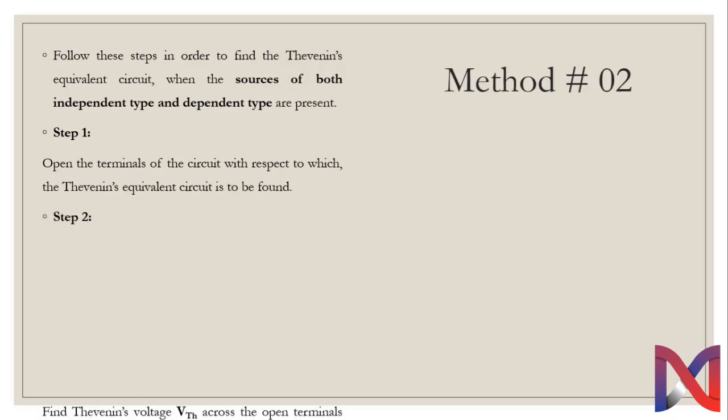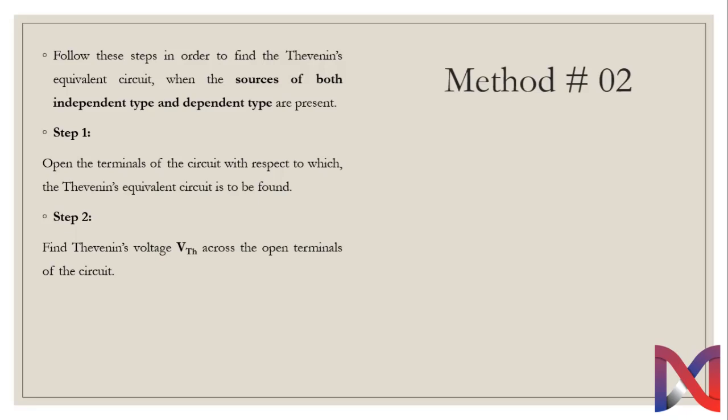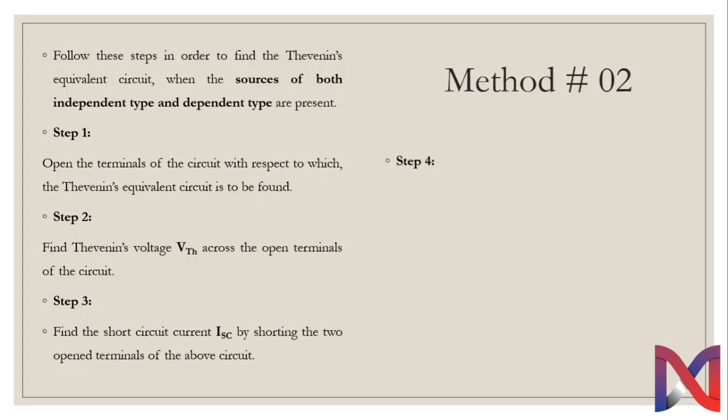Step 2 is to find the Thevenin's voltage VTH across the open terminals of the circuit. Step 3 is finding the short circuit current ISC. SC stands for short circuit, by shorting the two opened terminals of the circuit.